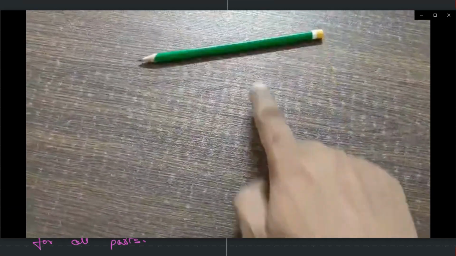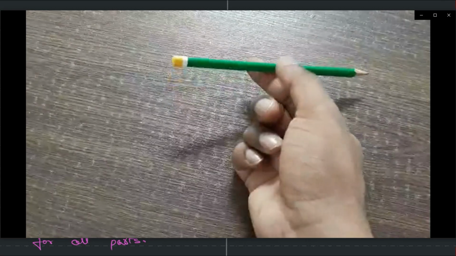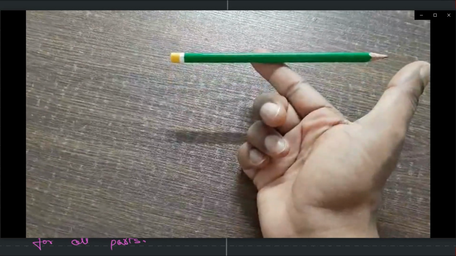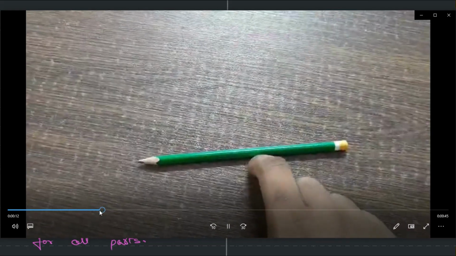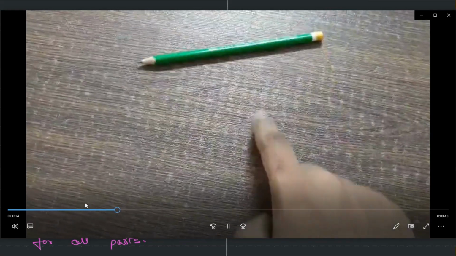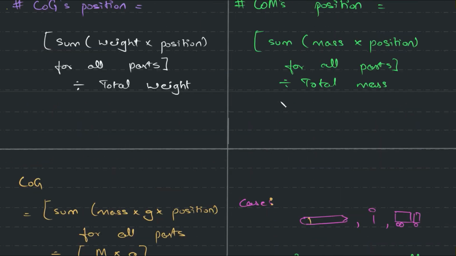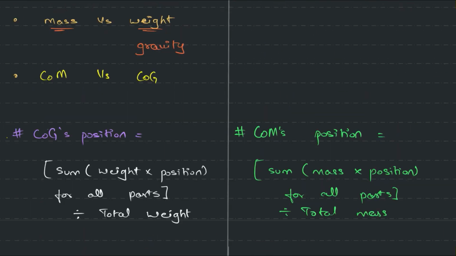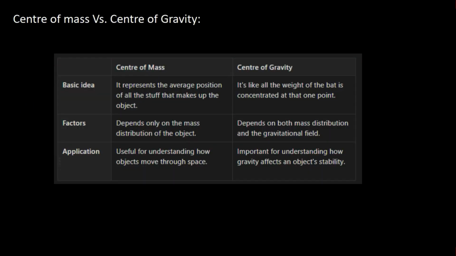Right, this is center of mass. The next part I'm doing has to do with center of gravity. So this part was center of gravity, while the other part has to do with center of mass. Okay, so that is the difference. Okay guys, I hope I made the concept clear. The basic difference has to be very clear in your mind.